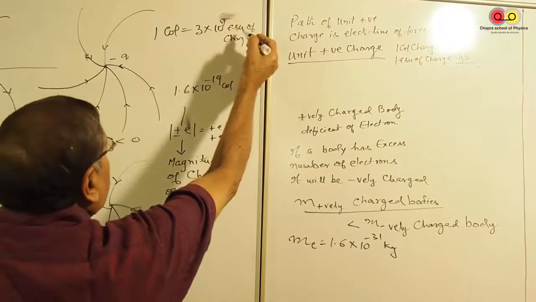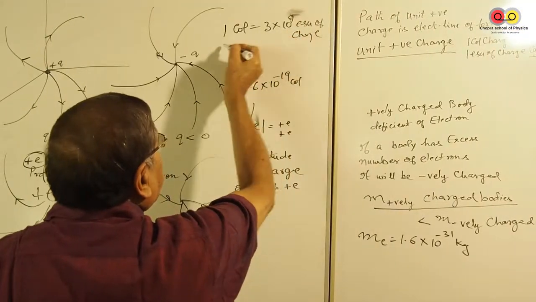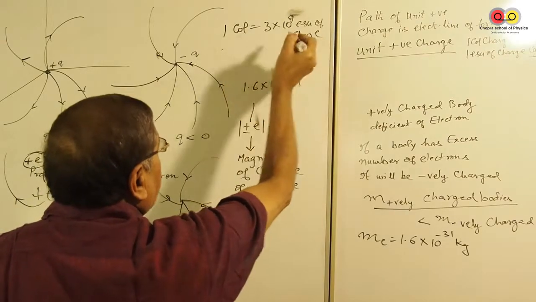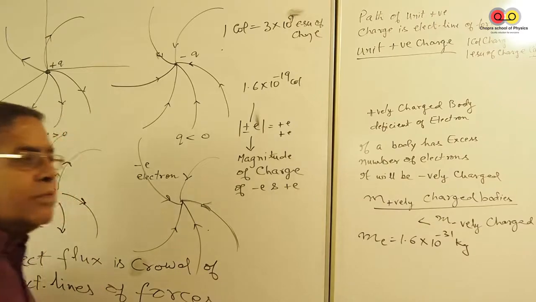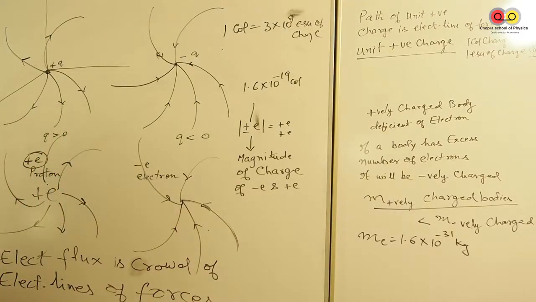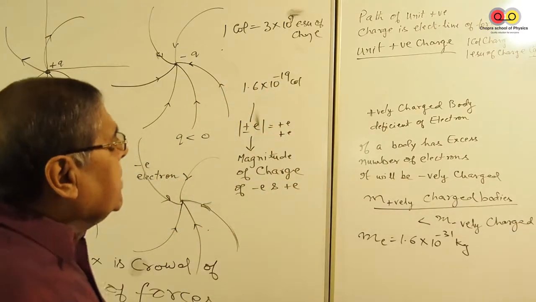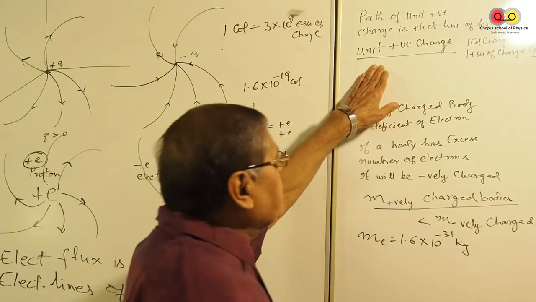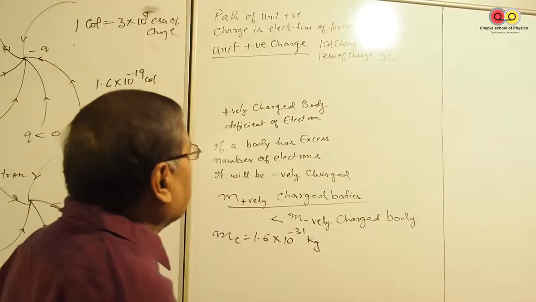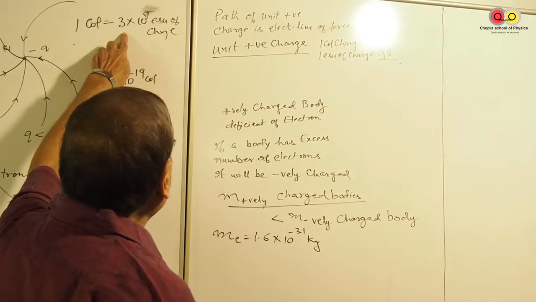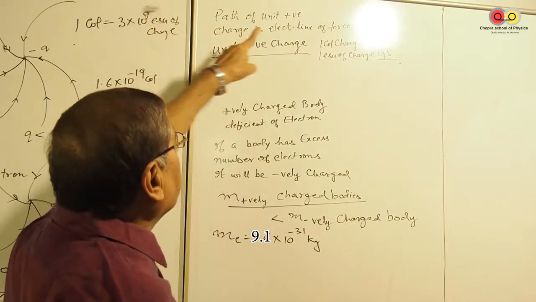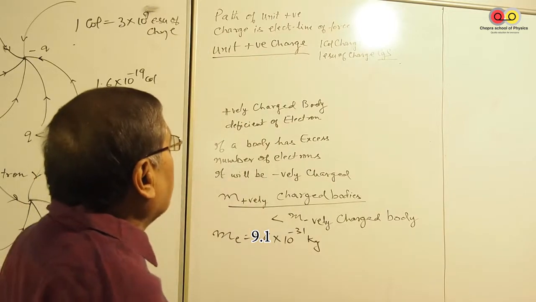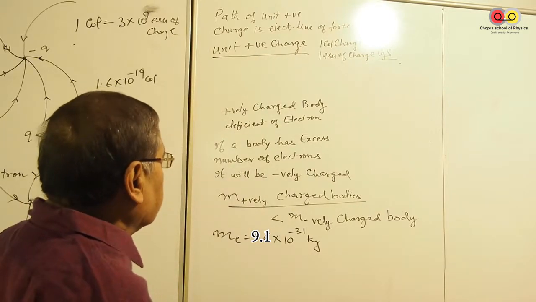Then if you want to find 1 ESU, these numbers are taken in the denominator, and 1 ESU is of the order of 10 to the power minus 10 Coulomb. So I think these definitions are clear to you. Unit positive charge means 1 Coulomb or 1 ESU charge, 1 Coulomb means 3 into 10 to the power 9 ESU of charge, and the path of a unit positive charge is called the electrical line of force.